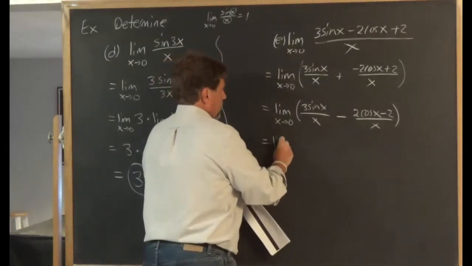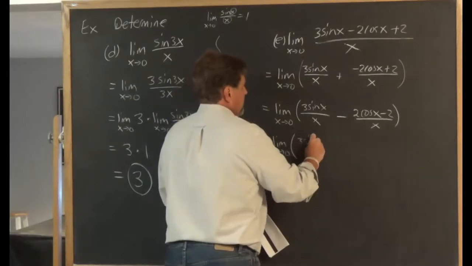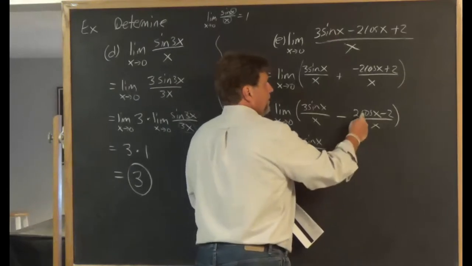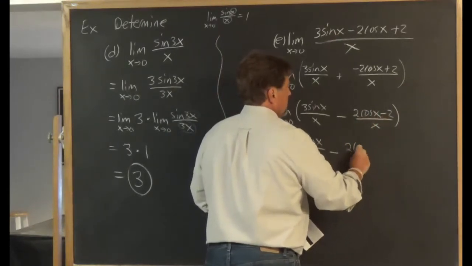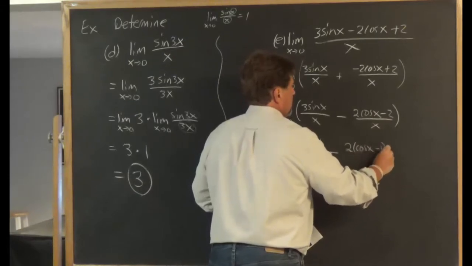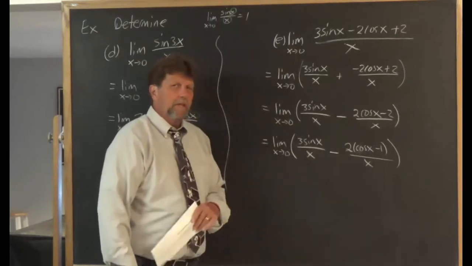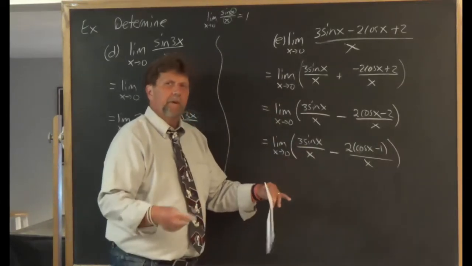You know what? I could do a little more factoring there. I suppose I could have done 2 steps of factoring at once. I could factor a 2 out of the numerator. And then I use an old limit theorem: the limit of a sum or a difference is the sum or difference of limits.